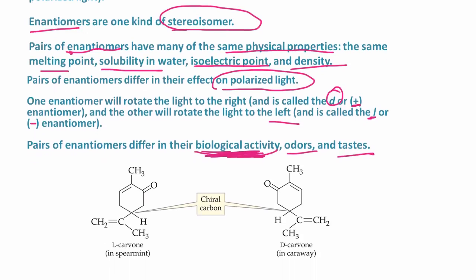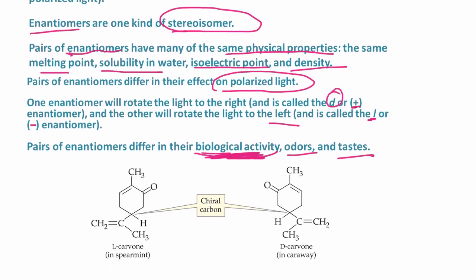So for example, we have this molecule here, which is called carvone. There's a chiral center. So one chiral center. So this can exist as L-carvone or D-carvone. And right here is the chiral center, this carbon here. It's bonded to 4 different groups.